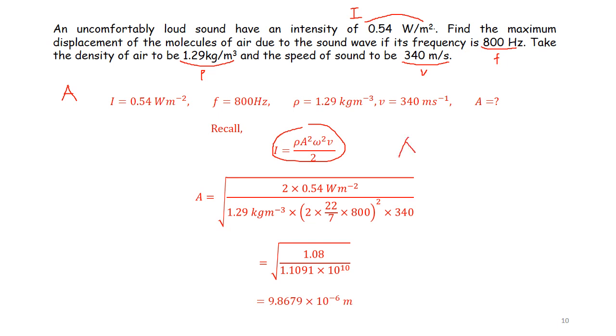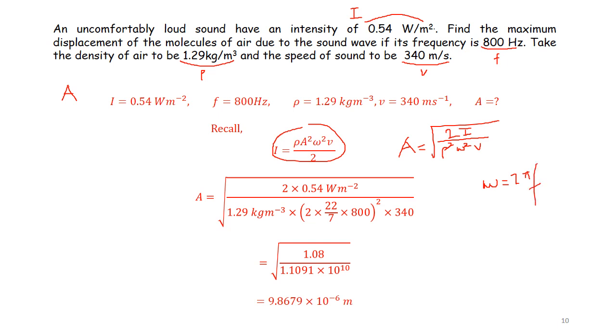If you do that, your A becomes square root of 2I all over rho squared omega squared v. And remember that omega is 2 pi f.